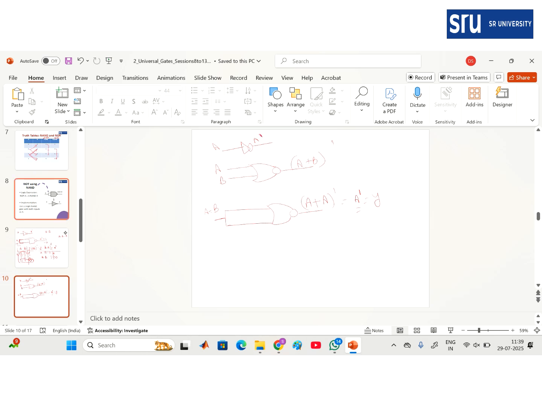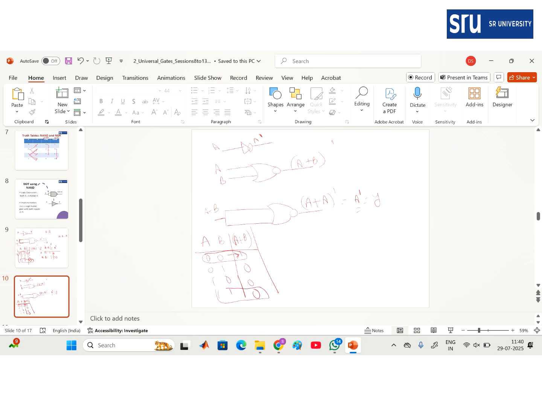In terms of the truth table also I will explain. For A B in a NOR gate, 0 0, 0 1, 1 0, 1 1: the output is 1 only for 0 0, and in the remaining cases it is 0. This is (A plus B) whole bar. Now if I take A plus A, where A is equal to B, shorting the two inputs, for 0 plus 0 the output is 1.